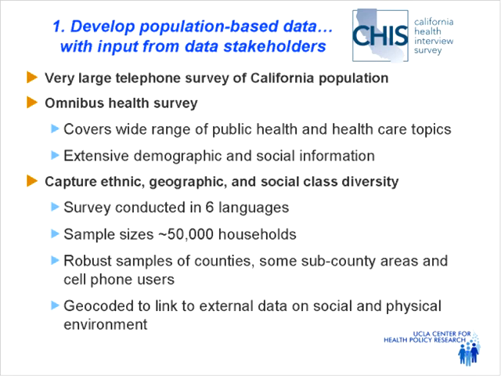I actually don't think this is listed here, but we are moving from a concentrated data collection period every 2 years to what's called a continuous survey, which means that we'll be collecting 1/24th of the sample every month over 2 years. And that actually was partly in response to the need of policymakers for data that responds to today's situation, which may or may not be the same as the situation in the state during the last concentrated data collection period.